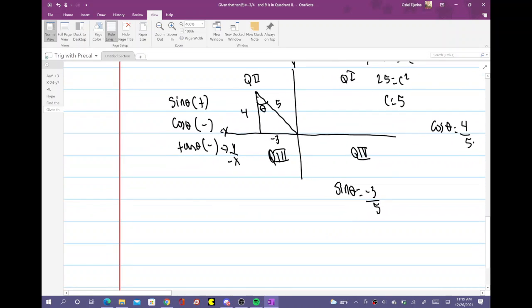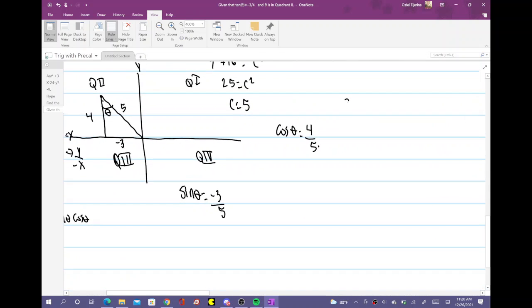So that means that sine of 2 theta equals 2 sine theta cosine theta. We're going to plug in sine theta and cosine theta. Remember SOHCAHTOA? Sine theta is opposite over hypotenuse, cosine theta is adjacent over hypotenuse, and tan theta is opposite over adjacent.